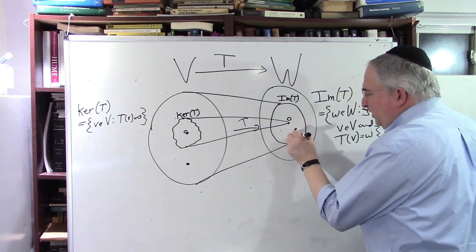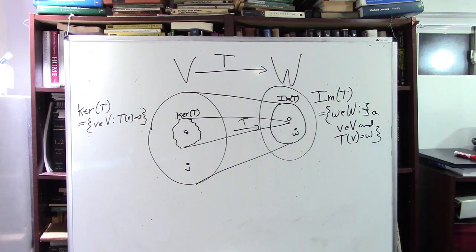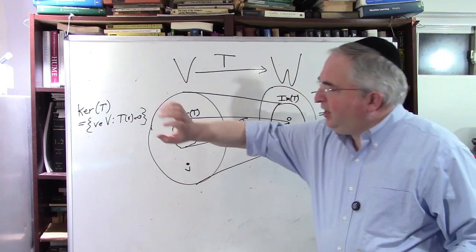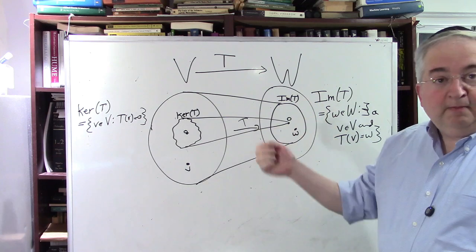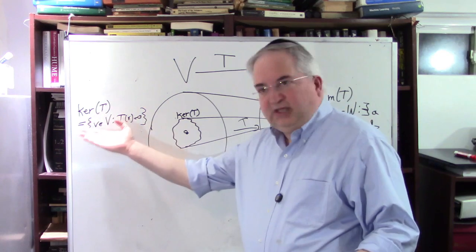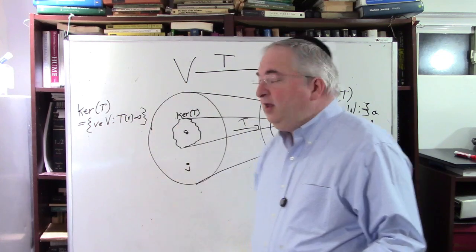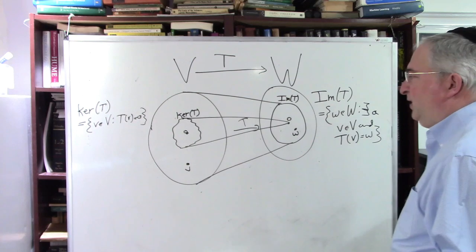This is little w, and this is little v. Again, let's restate it: for every linear transformation, there's a subset here and a subset here. Main theorem: this subset is a subvector space of V, and this subset is a subvector space of W, and it's very nice.